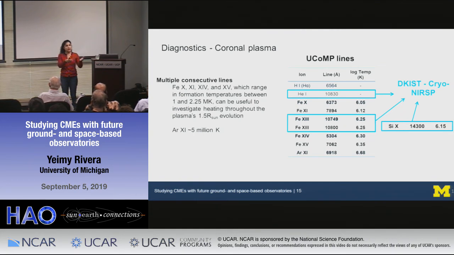If we do see a possible eruption, then we can start the sequence to look for CMEs. Like I said, I'm interested in the heating and how this plasma is evolving. So I want to calculate an energy budget. It's important to not only look at the prominence, but the entire CME, which I think is going to be very doable with all of these lines. That's how I want to use UCOMP.